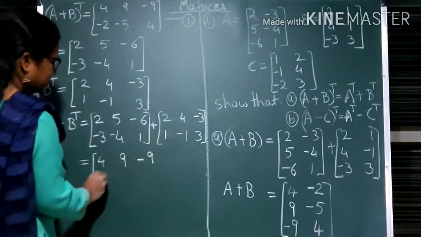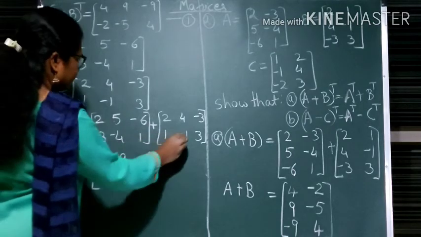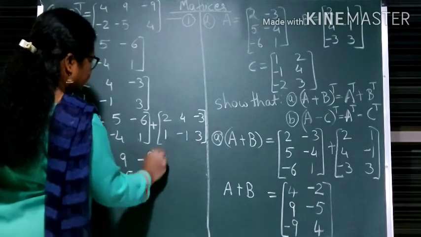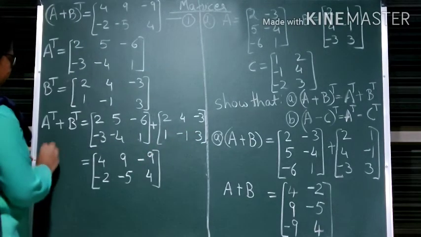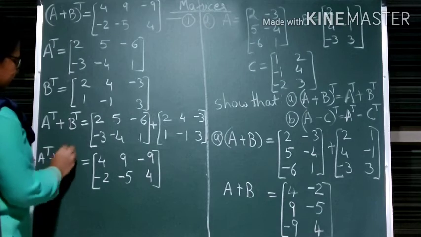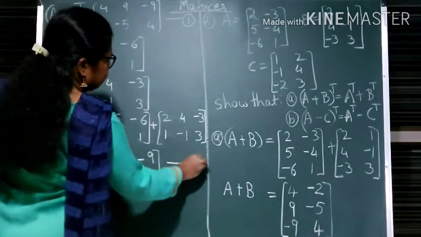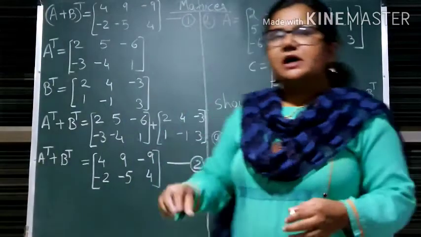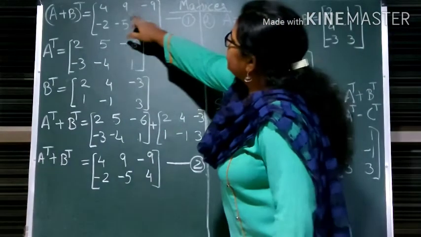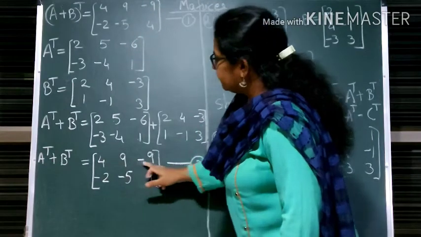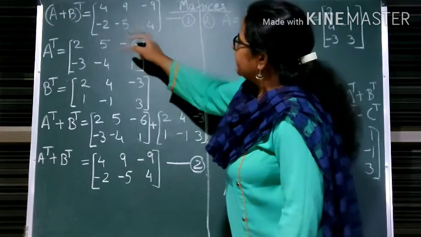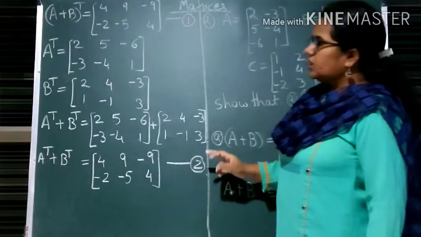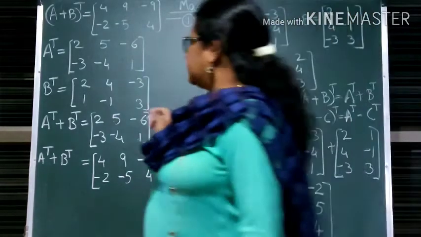Minus 3 plus 1, minus 2, minus 4 minus 1, minus 5, 1 plus 3, 4. So this is your A transpose plus B transpose. Name this as 2. So just check your first and the second step. Are the matrices same? 4, 9, minus 9 first row, 4, 9, minus 9 first row, minus 2, minus 5, 4, minus 2, minus 5, 4.